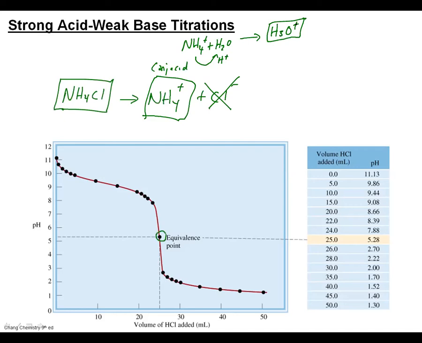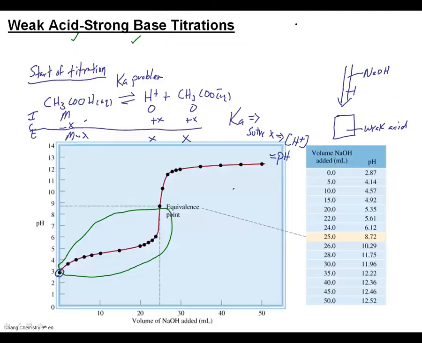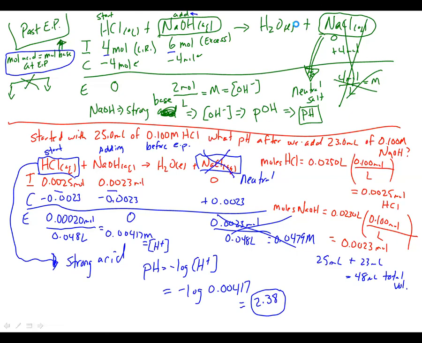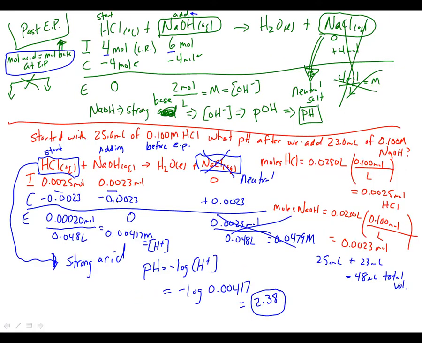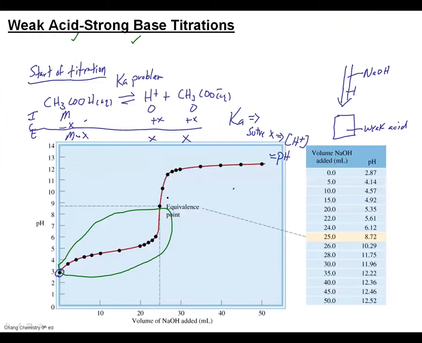So technically speaking, 7 is only at the equivalence point in our strong acid, strong base titration, which would be this titration here. So pH of 7 only for this type of titration at the equivalence point. pH above 7 in this type of titration, which is our weak acid, strong base.